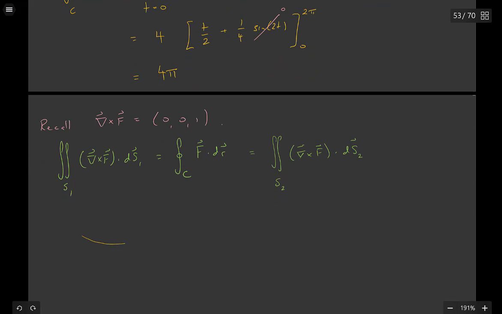In other words, I have over here a surface integral over this half ellipsoid, and my first equality relates this to a line integral around the boundary. But then my second equality relates this to a surface integral again around this disk of radius 2.